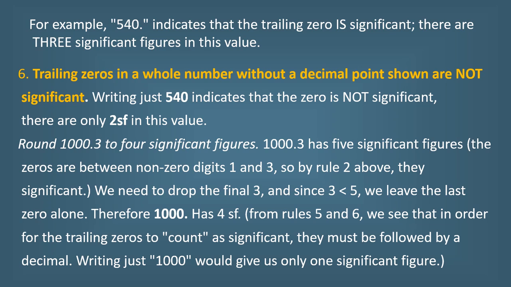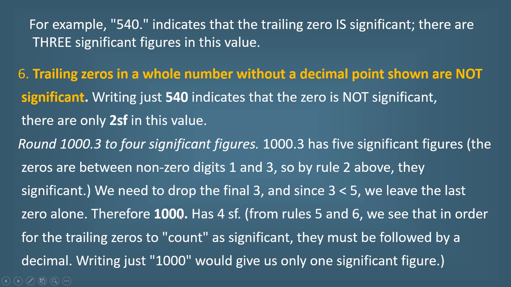I repeat, this value of 1000.3 has 5 significant figures, but we need to round it off to 4 significant figures. Now rounding it off to 4 significant figures, if we drop the 3 without placing there the decimal point, the value will be 1000, which has just 1 significant figure.